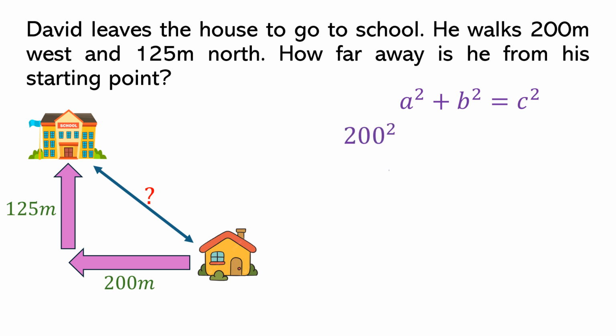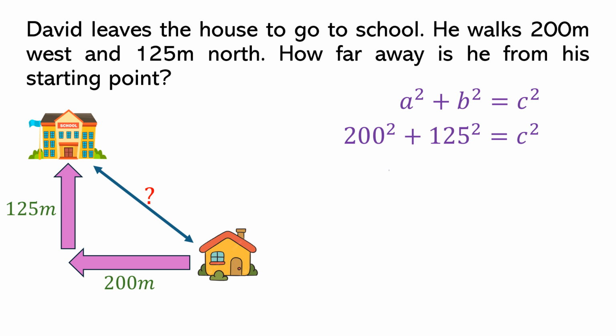So we have 200 squared plus 125 squared, or you can interchange the two. It doesn't matter. It's the same answer. Equals the hypotenuse, which is c squared. So the only thing that you cannot interchange is the hypotenuse. It should be the one at the right side, which is the one that's not being added. And again, it's the longest side.